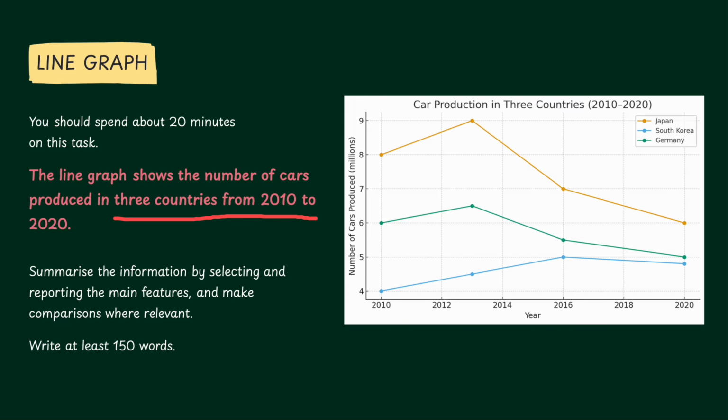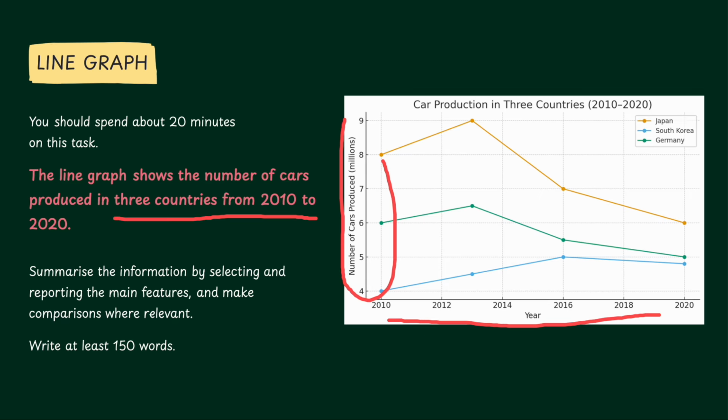The horizontal axis represents the years. So this is the horizontal axis, while the vertical axis, this one, it represents numbers. Your task is to carefully analyze the data and write a clear, well-organized report. It's similar to a short essay.